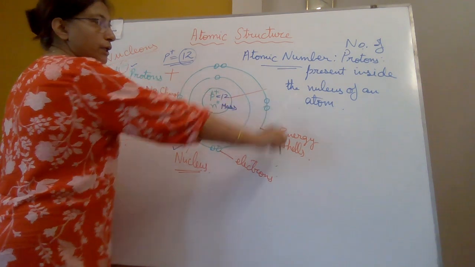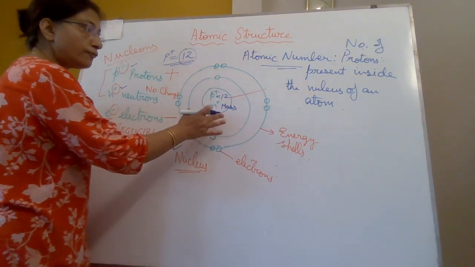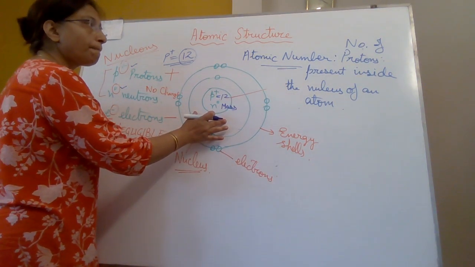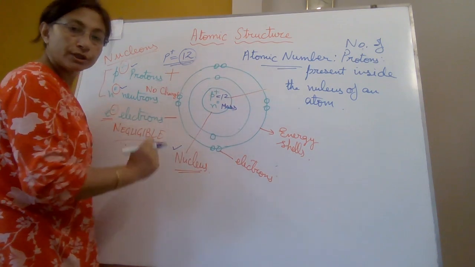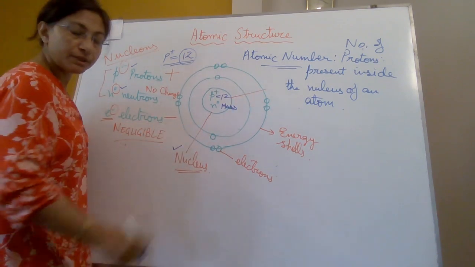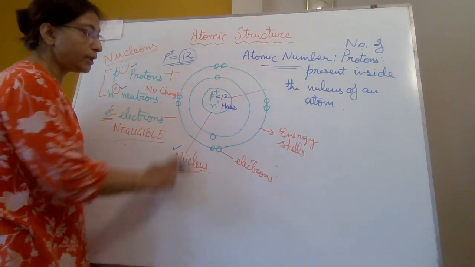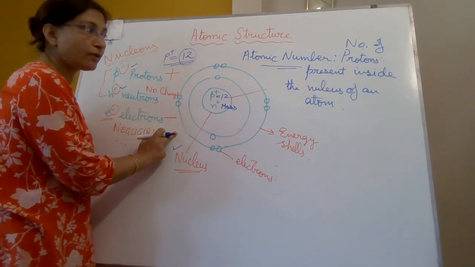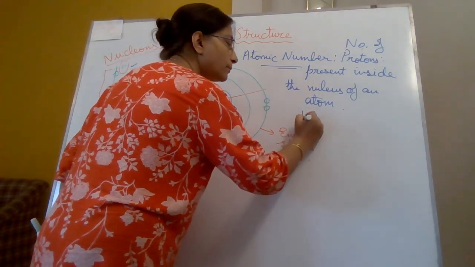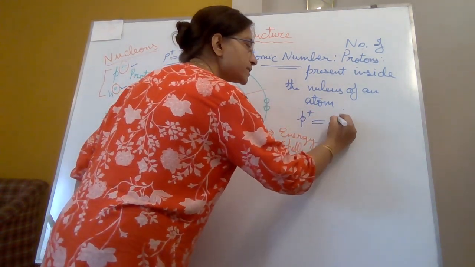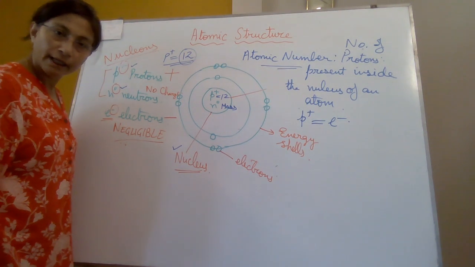Correct? Now, we have read that in a neutral atom, an atom is always neutral. That is why we call it as atom and not ion. So in an atom, we know that number of protons are always equal to the number of electrons.